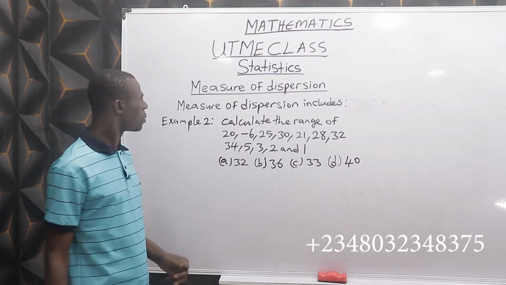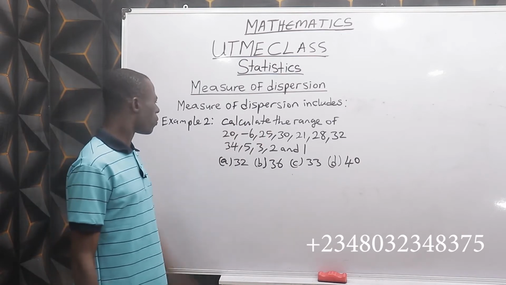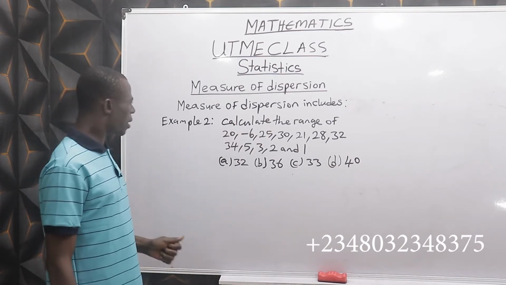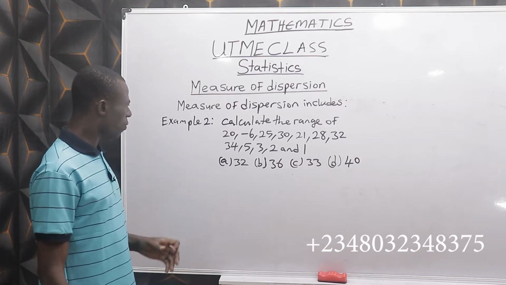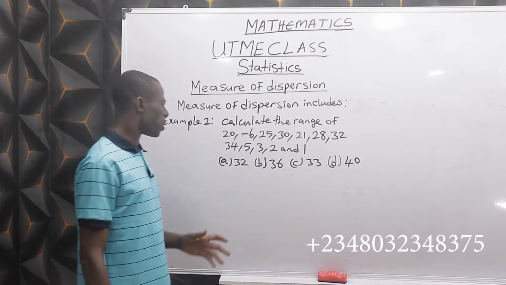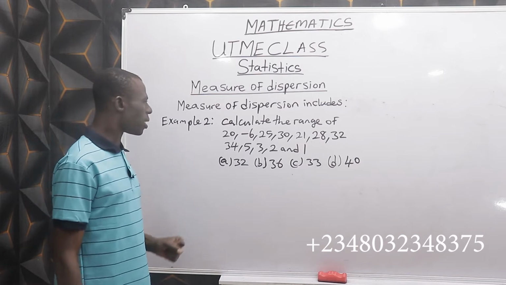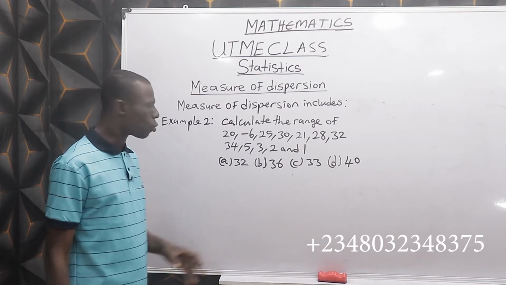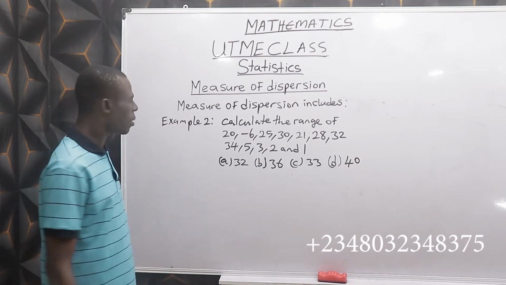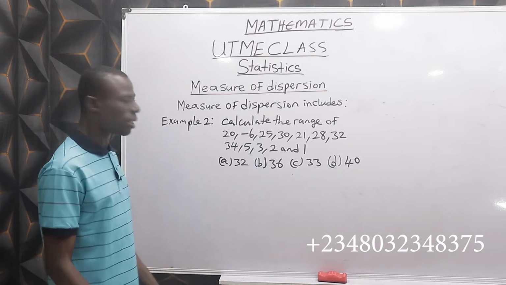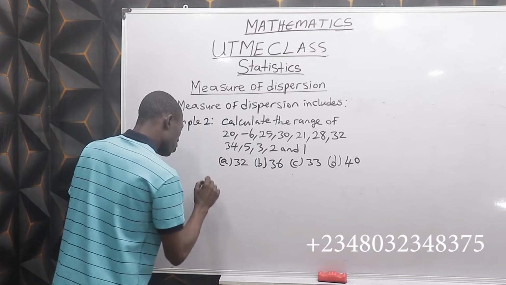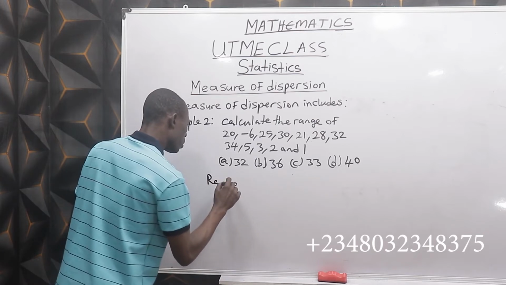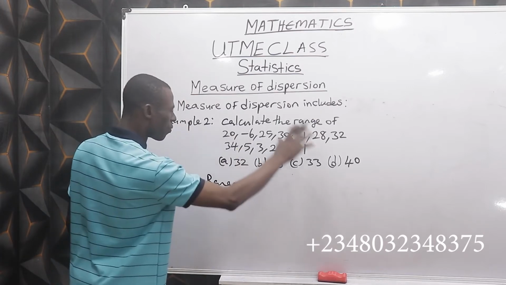Example 2. Calculate the range of 20, negative 6, positive 25, positive 30, 21, 28, 32, 34, 5, 3, 2, and 1. We have to find the range of this. Range is the highest value.